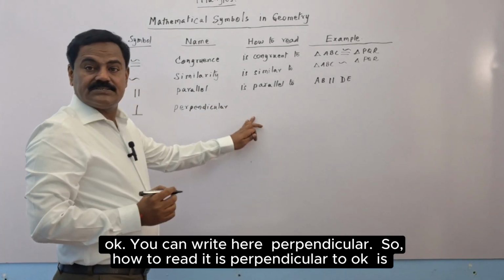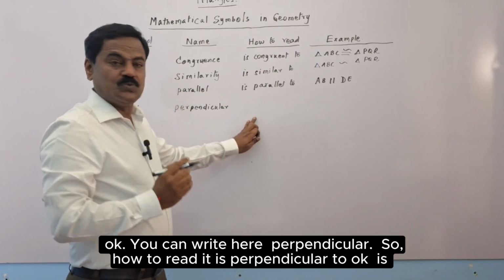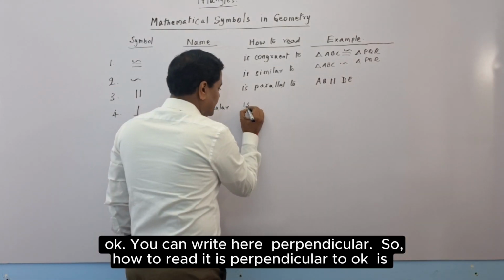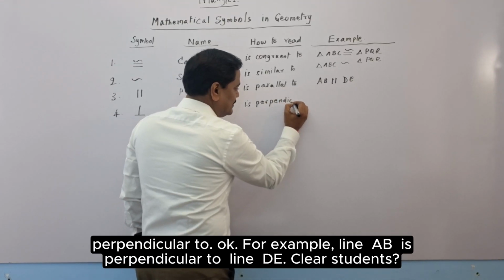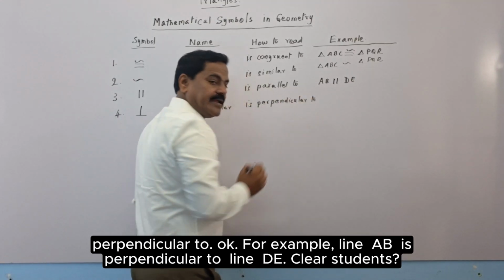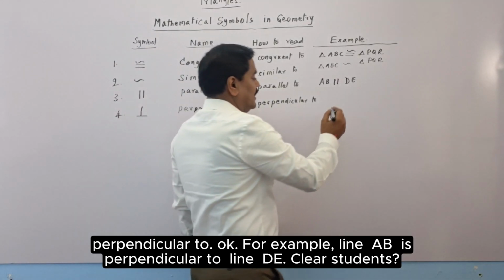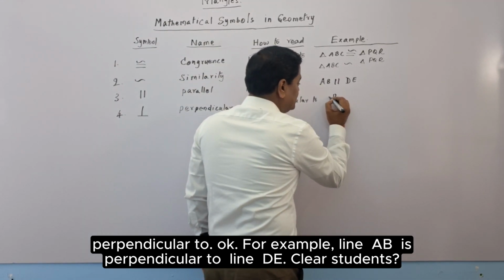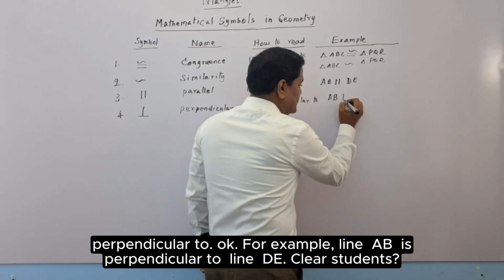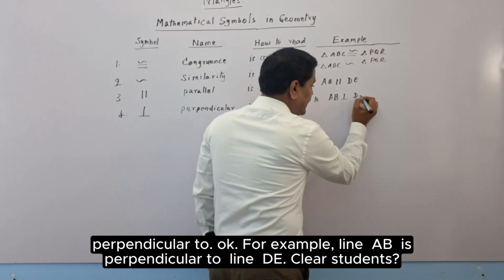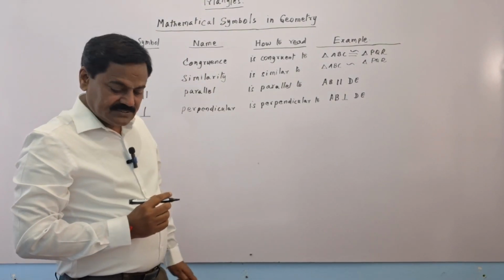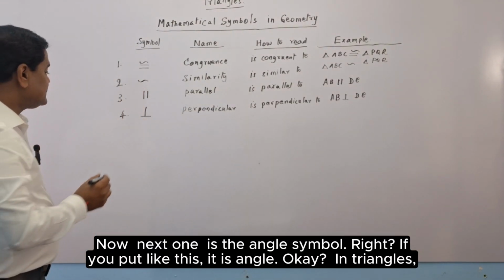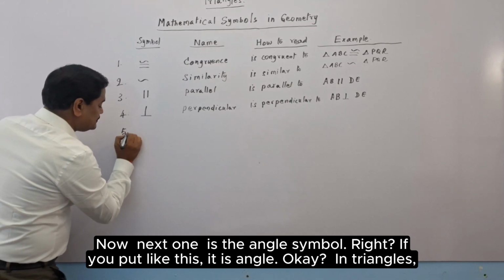So how to read it? Is perpendicular to. For example, line AB is perpendicular to line DE. Clear, students? Now next one is the angle symbol.